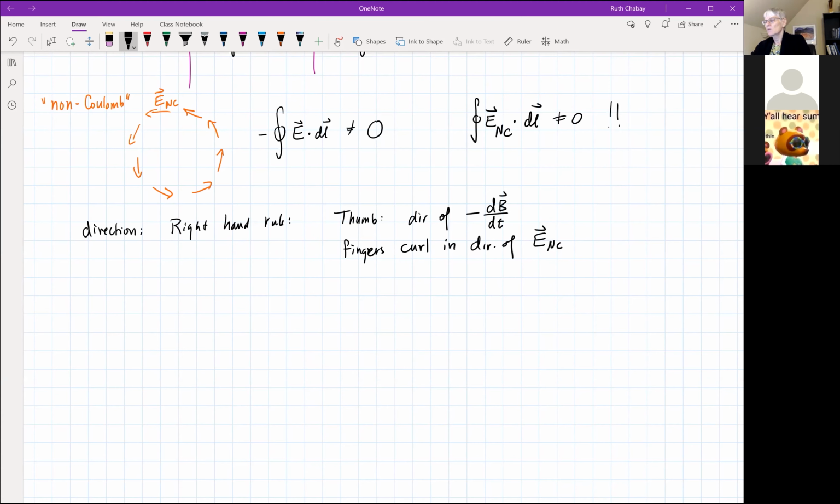And we'll see in a minute that the magnitude depends on the rate of change of the magnetic flux through a surface bounded by this loop.